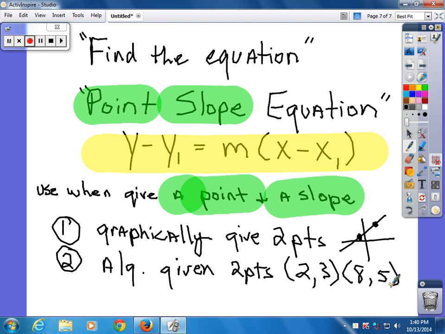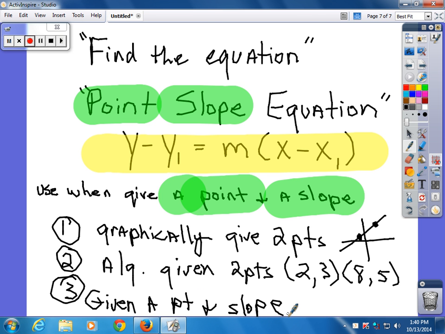And the easiest one is the third one. Given a point and a what? Slope. The third one is the easiest because all you got to do is plug and chug. The first 2, you got to find what from the points?